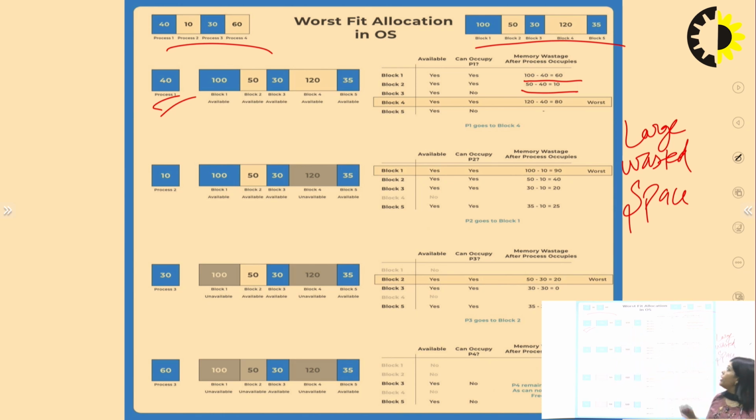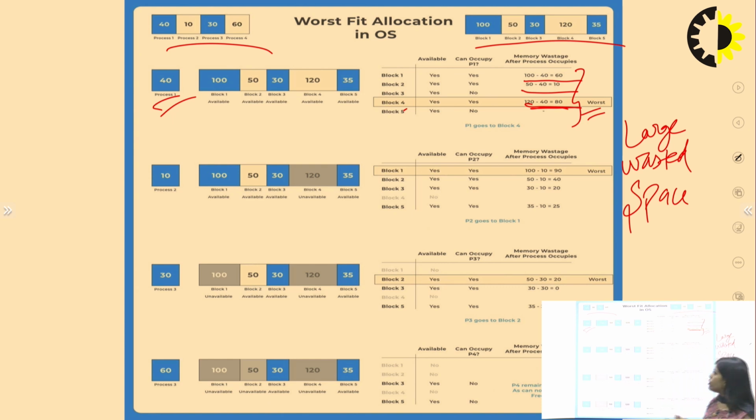For 120, the memory wastage is 80. For 35, not accommodated. So we check which is the maximum value. The largest wastage is for block 4. So we go with block 4. It is the worst fit.